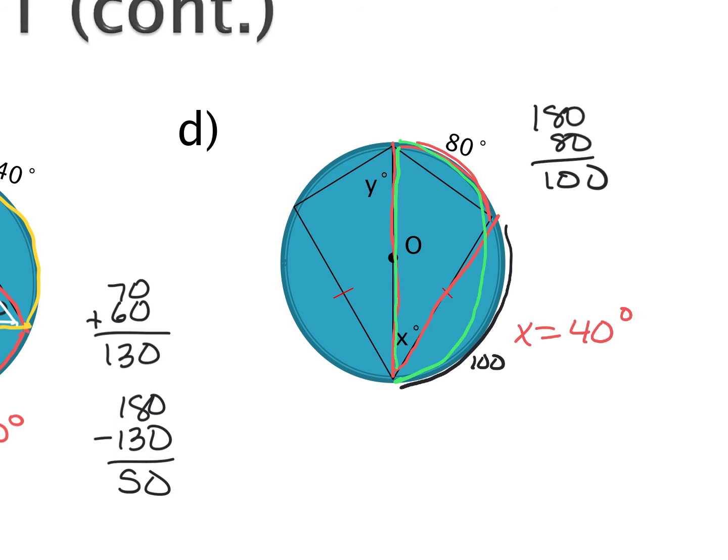And I know if I have congruent chords, then I also know that I have congruent intercepted arcs. So then this arc would be 100, making this inscribed angle half of that, and it would be 50.